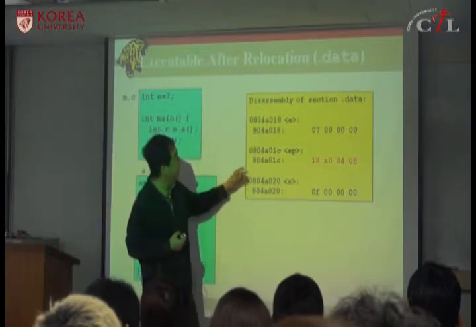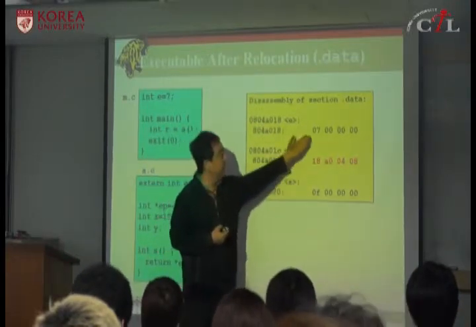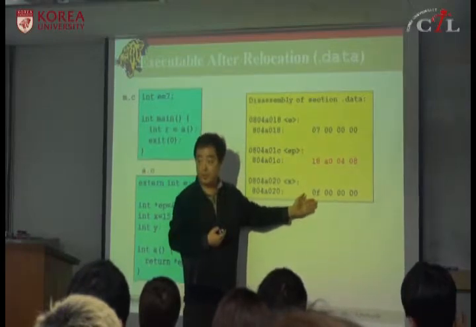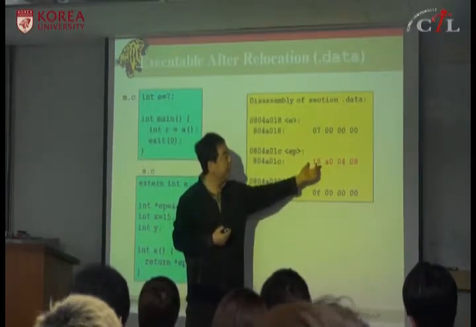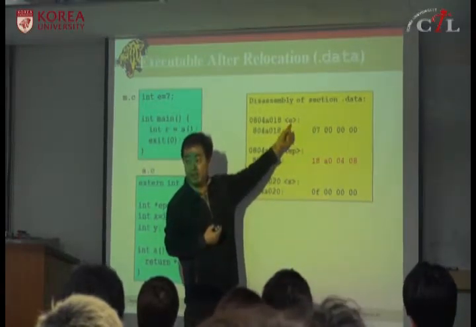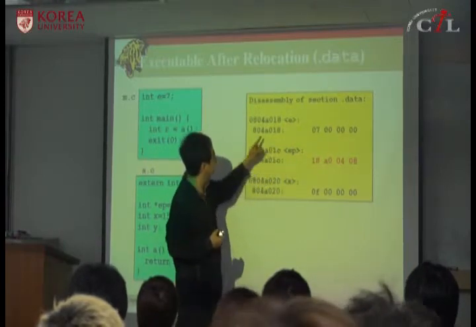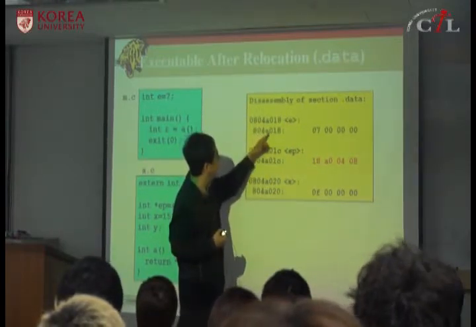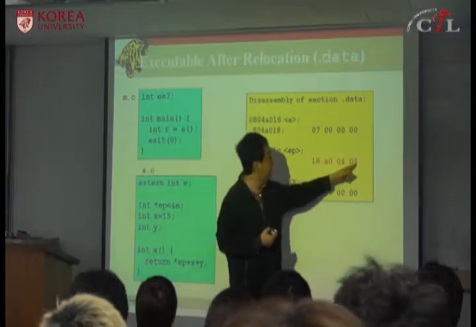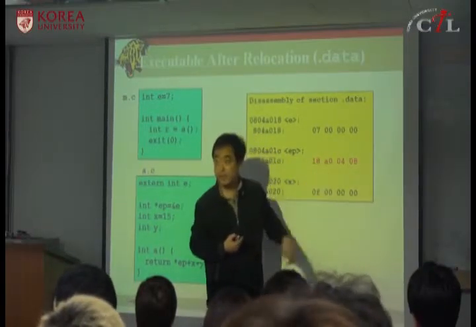Okay? And for E and X, the initial values were 7 and 15. You already initialized. This is the address of E. The address of E is actually 08 04 A01A. So you put 08 04 A01A.